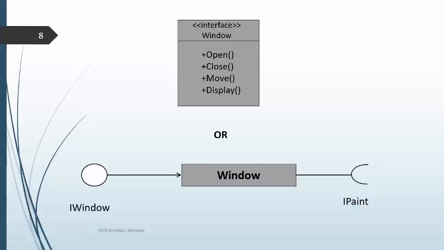The second notation is you can use a circle symbol. Externally, if you want to show any interface, then that can be shown by a circle symbol. So these are the two notations to show an interface graphically.